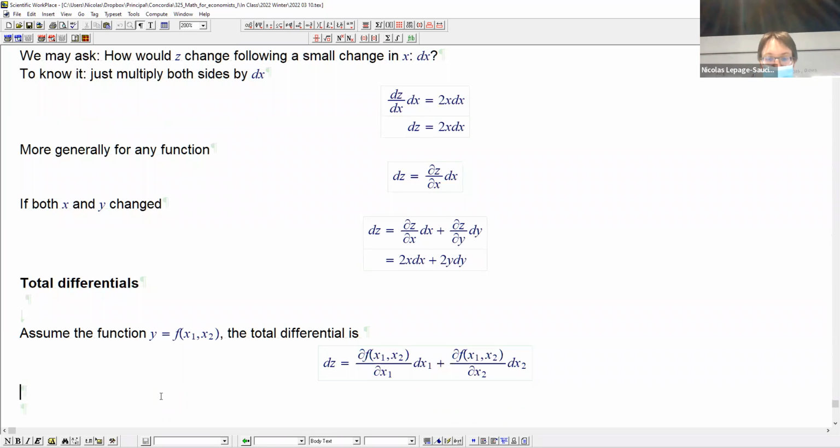And if I wanted to really see what this means, the change of z is caused by two things. It's caused by the fact that x1 has changed by a small amount, and it's caused by the fact that x2 has changed by a small amount.